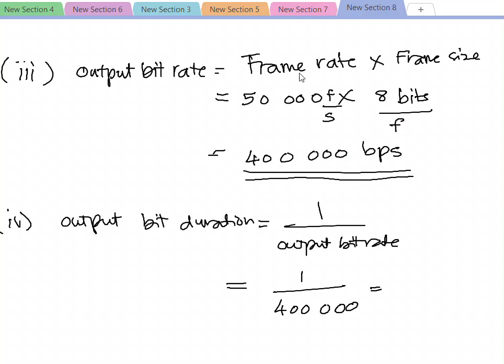Okay, you will get 0.00000025 second. Okay, remember to write the unit. Okay, ataupun 2.5 microsecond.